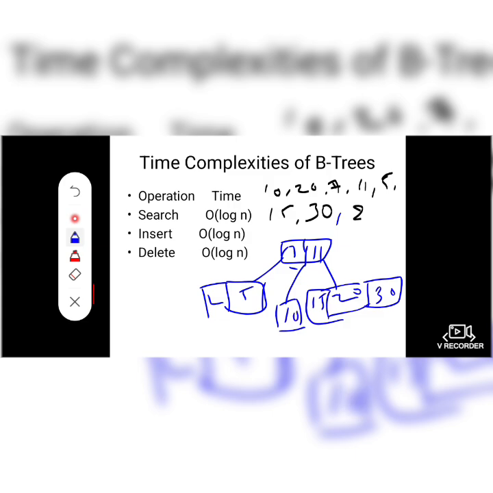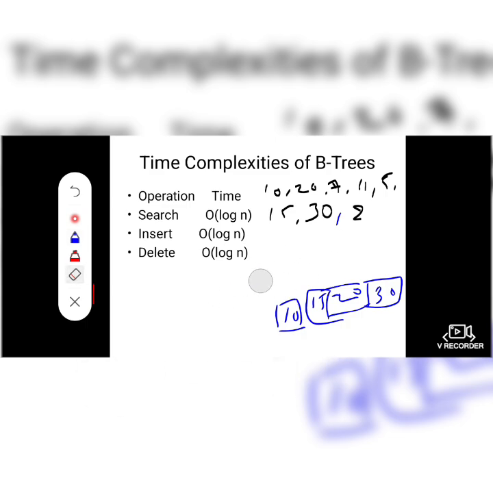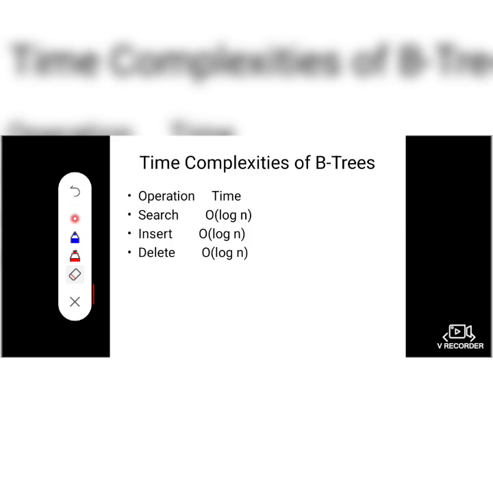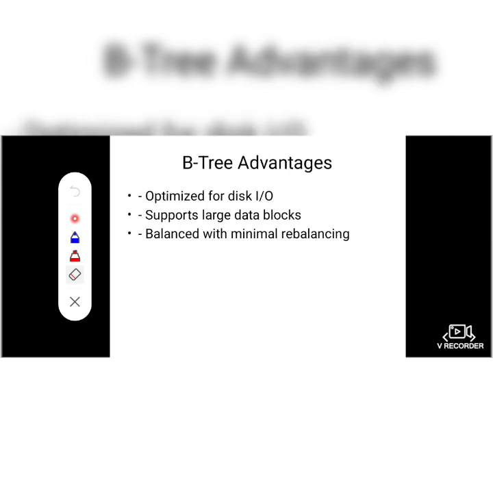Like this the tree is constructed. I hope guys you understand this. It is somewhat confusing, but it is very easy. Once you practice all these trees, binary search tree, AVL tree and B-tree, these are very important topics.